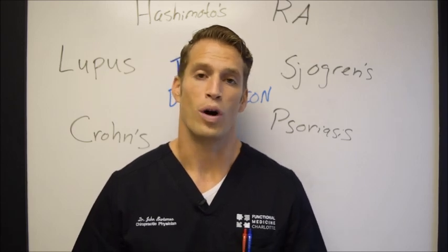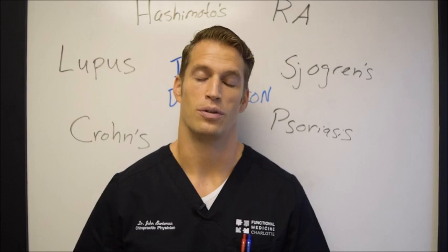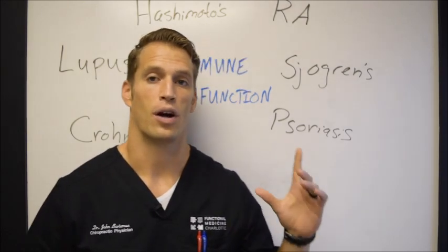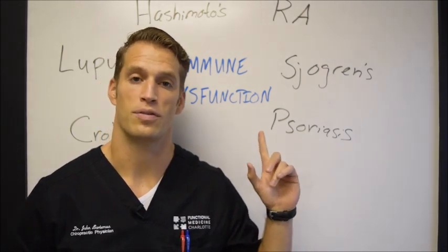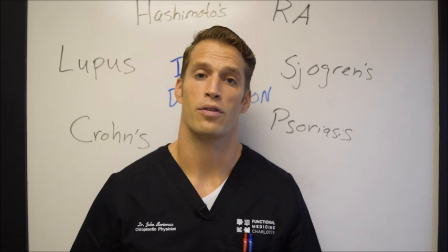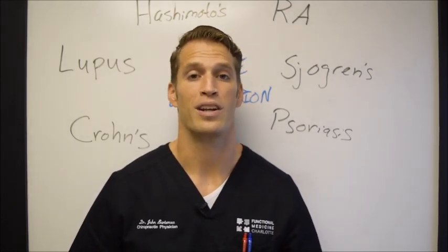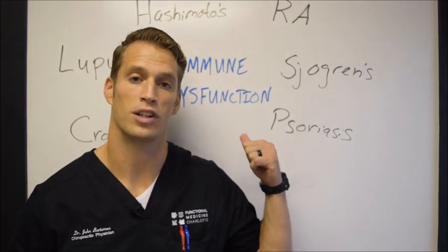So what can be done and what is ideal care for this issue, which is autoimmunity? Well, here's the key. We already said it. Autoimmune disease at a fundamental level is immune dysfunction. So the Humira for the RA or the Synthroid for the Hashimoto's are doing nothing to affect the primary process, which is immune dysfunction.